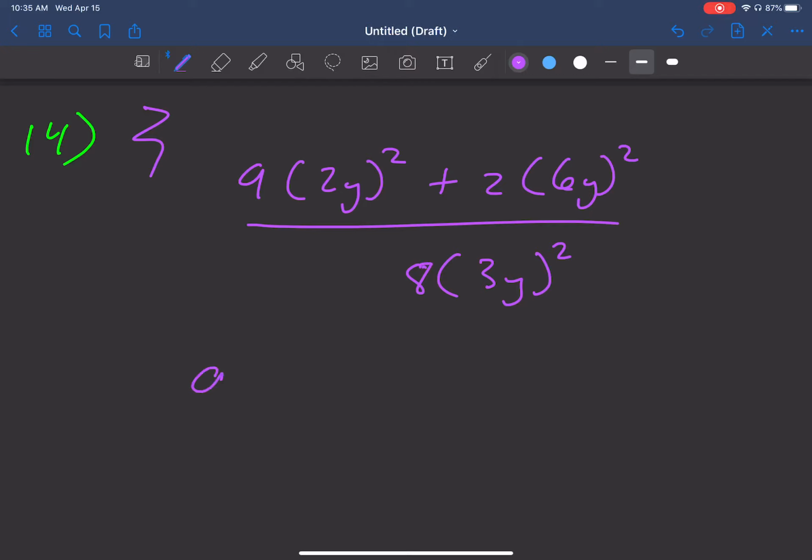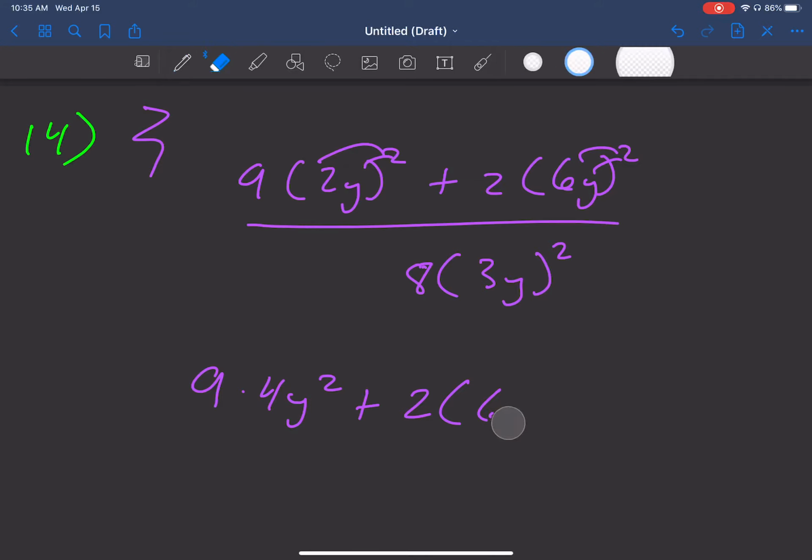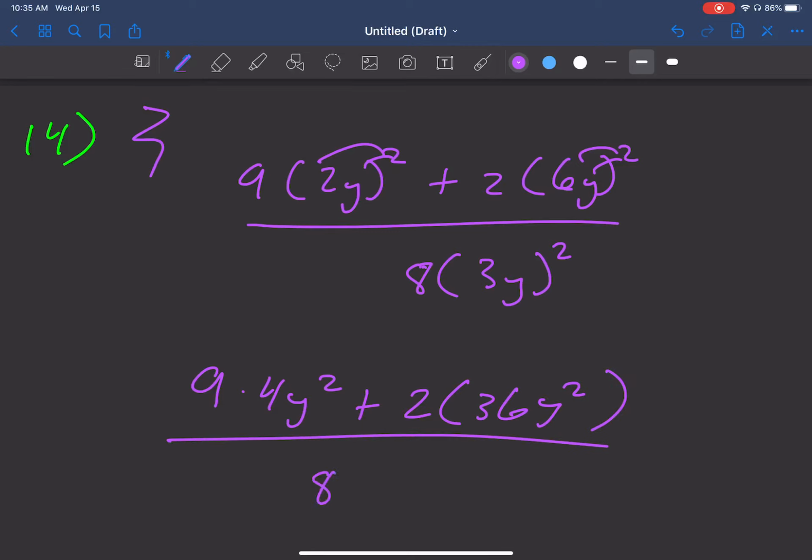So you have 9 times the 2 distributed to the exponent, so 4y squared, plus 2 times, of course, that 2 distributes, so 36 y squared, and then 8 times 3 squared, so 9 times y squared.